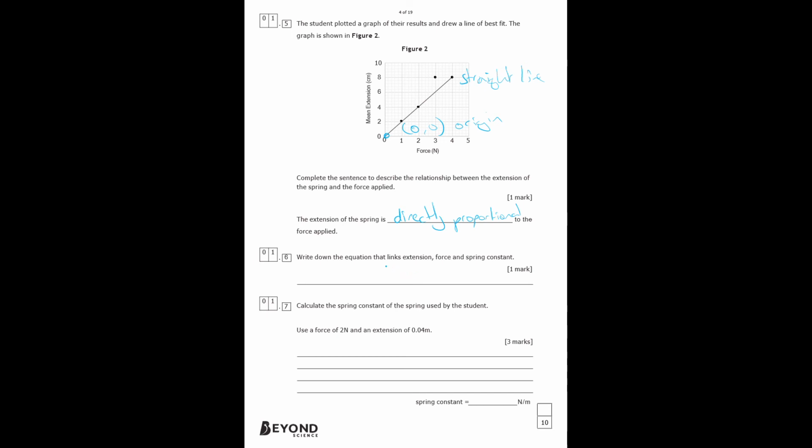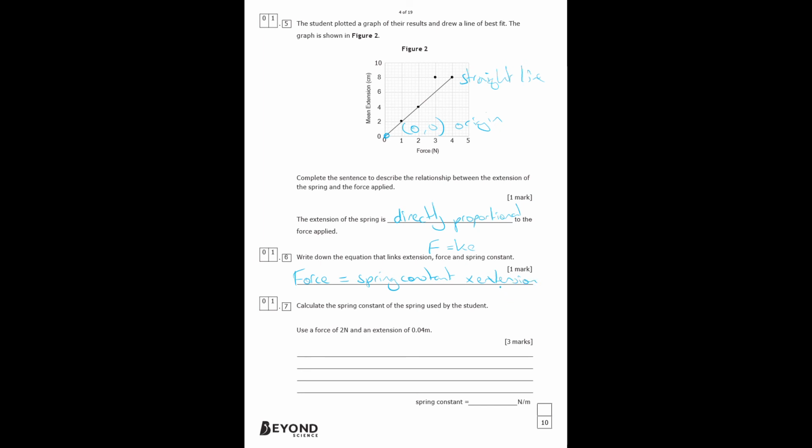1.6. Write down the equation that links extension, force, and spring constant. So, for short, this is one that we have to learn. That's why you get a mark for it. F equals k e. And you would have to write it in full, and you must do this, otherwise you're at risk of not obtaining the mark. Force equals spring constant times extension.